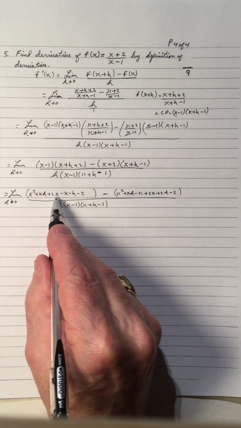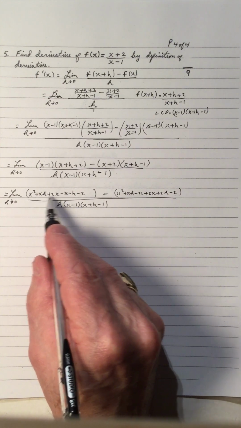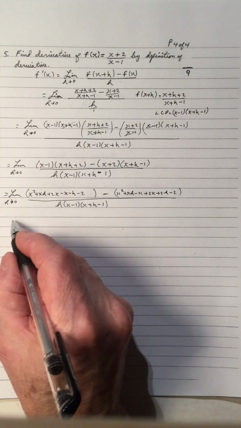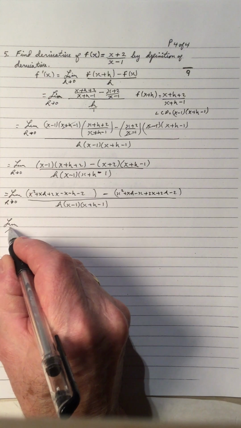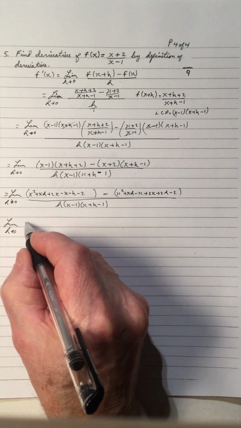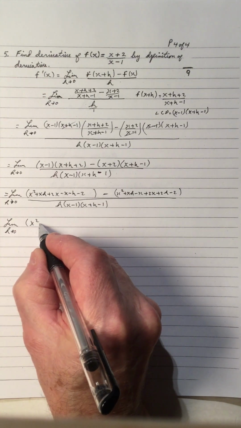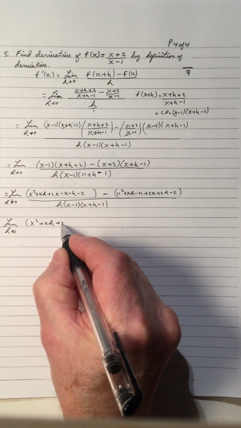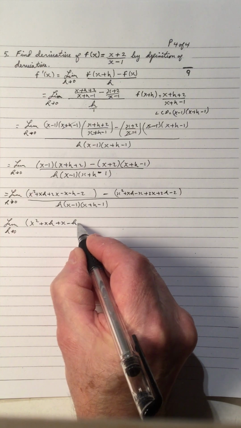And we can add these together here if we want to, but okay, we should simplify the inside of that first. So we get an x squared plus xh plus x minus h minus 2.